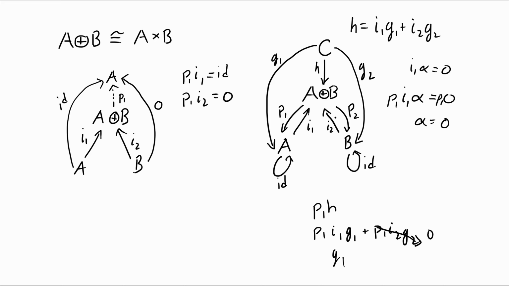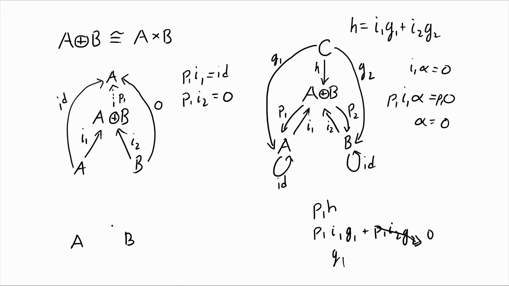If we just show it's the only one that works, we'd be done, so that it would be unique. Now to do that, we're going to think about the following map here.